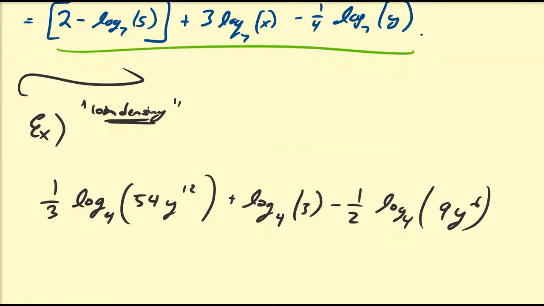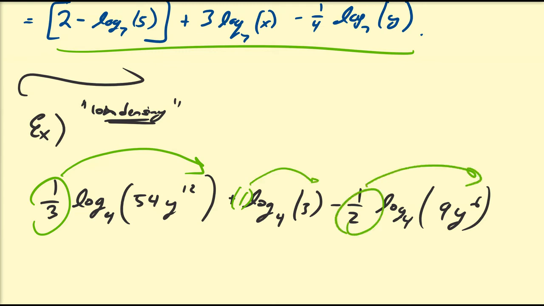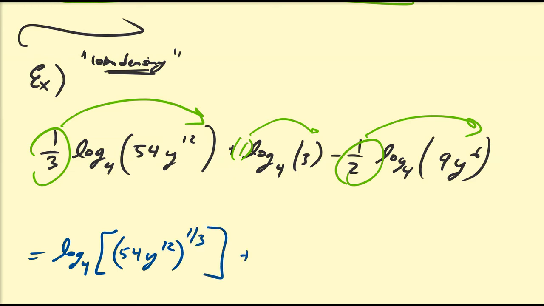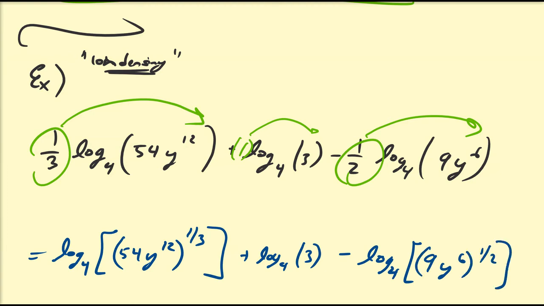All right, so the first thing I'm going to do is take these coefficients in front of the logs. This is 1, so that's not going to change anything. And bring them up. So that's going to give me the log base 4 of 54y to the 12th raised to the power 1/3, plus log base 4 of 3, minus log base 4 of 9y to the 6th to the 1/2.